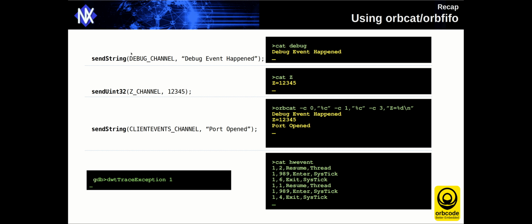So you can send strings, you can send ints, you can send characters, whatever it happens to be, with simple primitives which go over the port and are multiplexed onto that single serial flow that comes out of the SWO pin. And one of the things that Orbculum does using OrbCat and OrbFIFO is to allow you to process these, for example, using printf style structures.